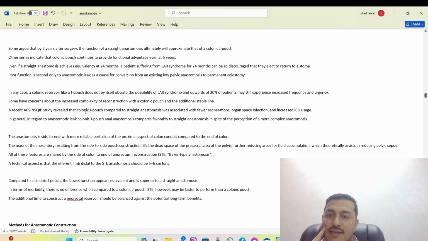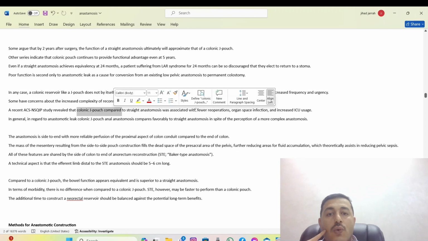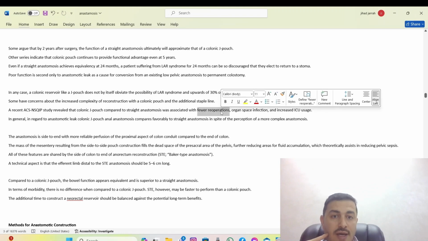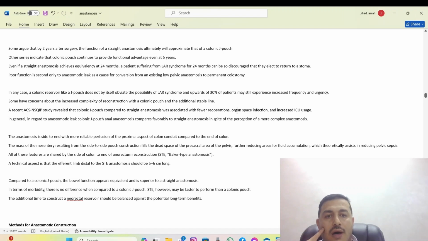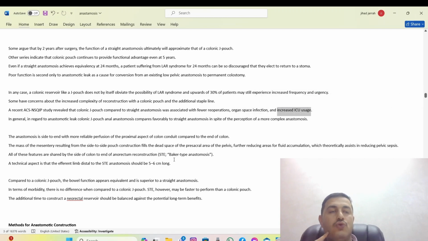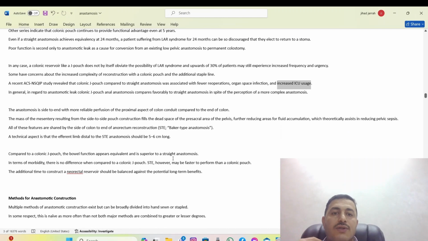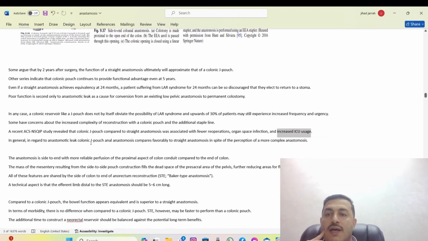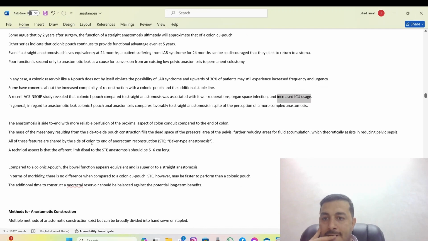For example, here is a study that compares the colonic J pouch to straight anastomosis. Straight anastomosis means end-to-end anastomosis. The colonic J pouch anastomosis was associated with fewer reoperations, fewer space infections, and fewer ICU stays. So this is an advantage of creating a J pouch in the pelvis.